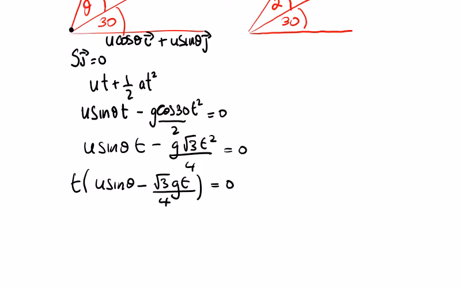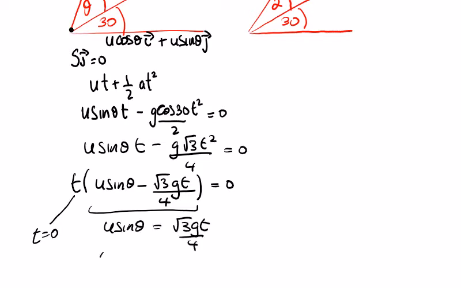So this has to be equal to 0. This is my initial time of 0. So u sine theta equals root 3 gt over 4. So 4u sine theta is equal to root 3 gt, so t equals 4u sine theta over root 3g.